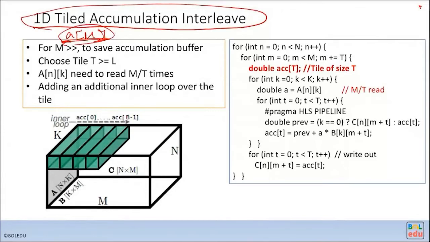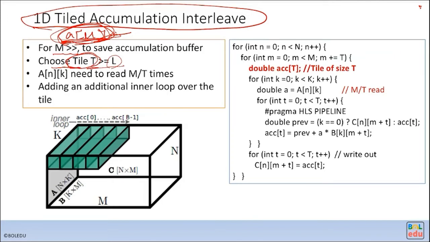Especially if m is very large, it takes up a lot of memory. As I said, as long as the loop tile size t is greater than the latency, that will be enough. So you can choose an appropriately small size tile. That's a tile-based accumulation interleave.